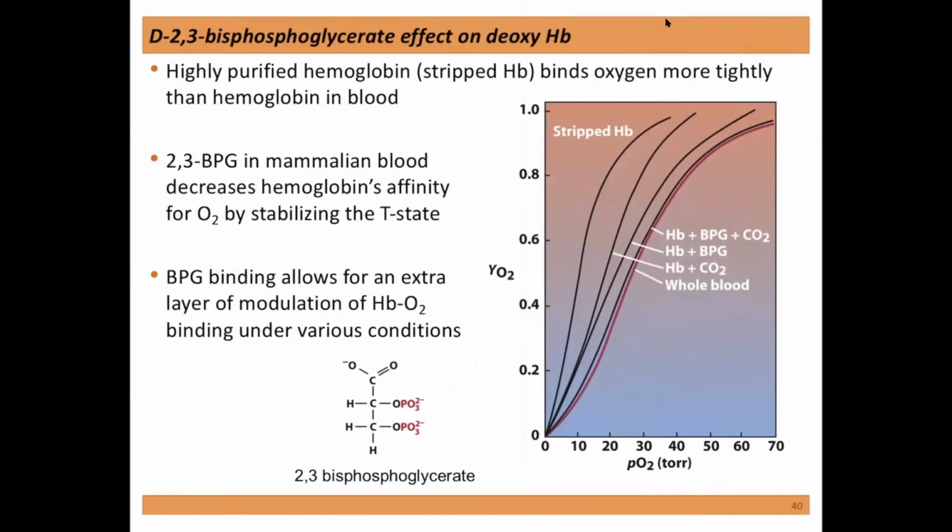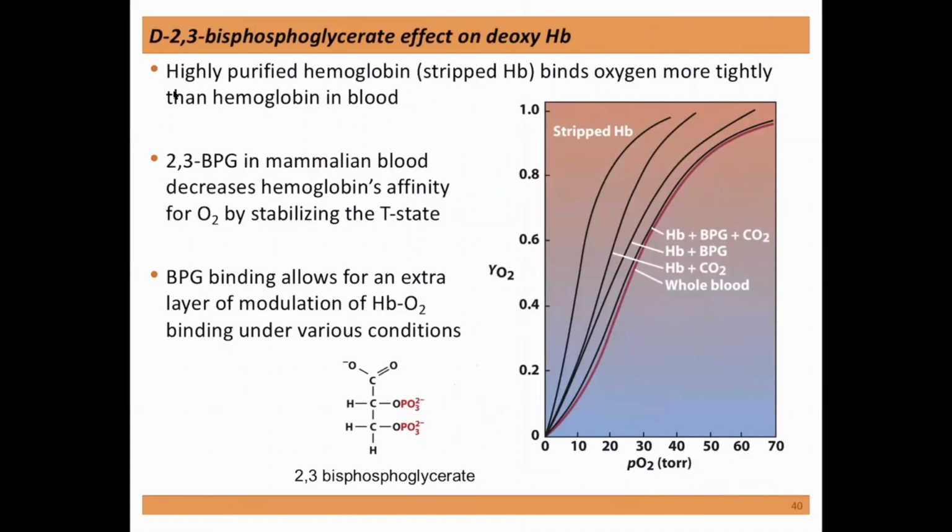So we got one more molecule that we need to talk about that affects release of oxygen, and that is 2,3-bisphosphoglycerate. And it actually binds to hemoglobin and stabilizes the tense state. So what they found out was highly purified hemoglobin binds oxygen more tightly than hemoglobin in blood.